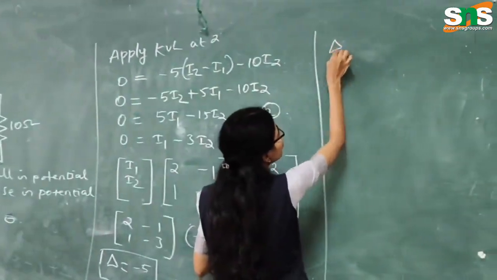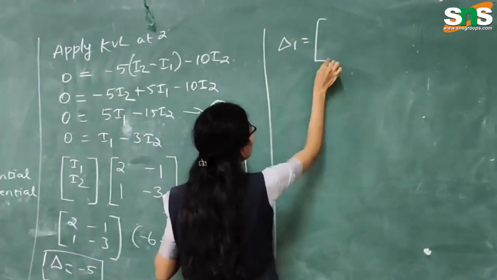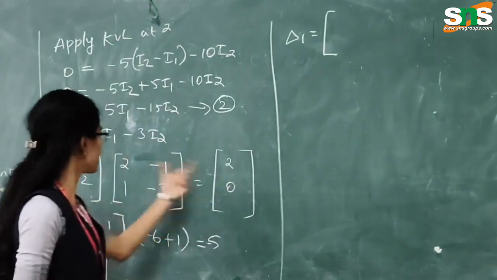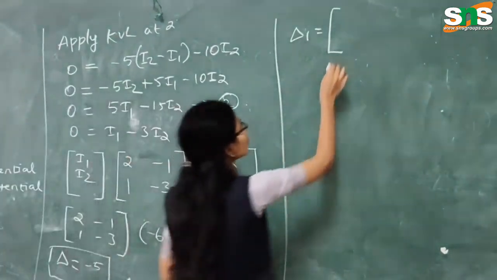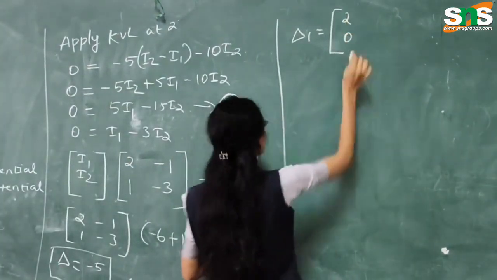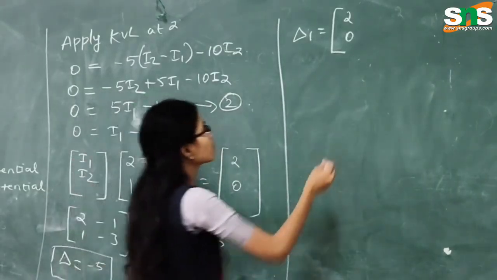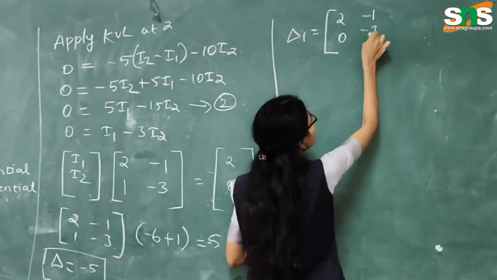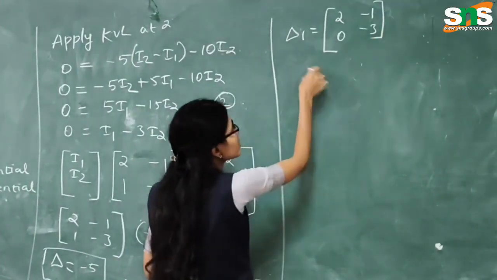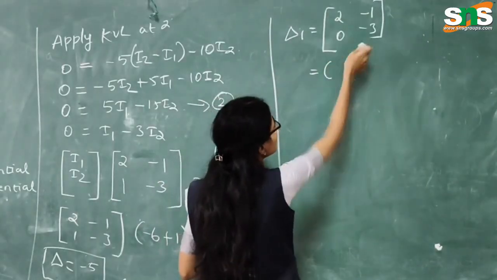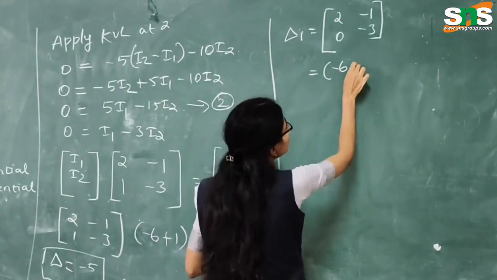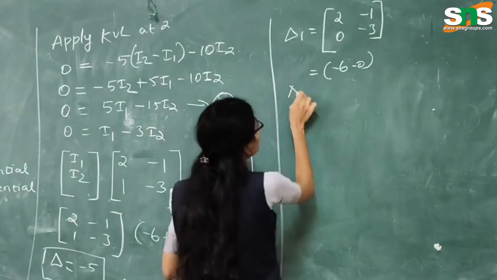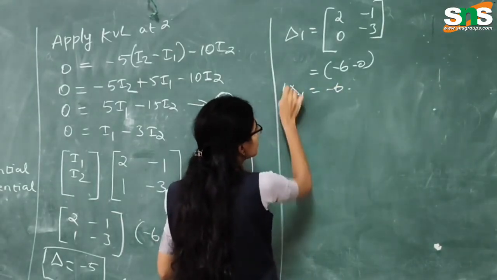For del 1, we rewrite the voltage values in the first column. So we get 2, 0 and then minus 1, minus 3. Applying Cramer's rule, we get 6, 0. So del 1 is equal to minus 6.